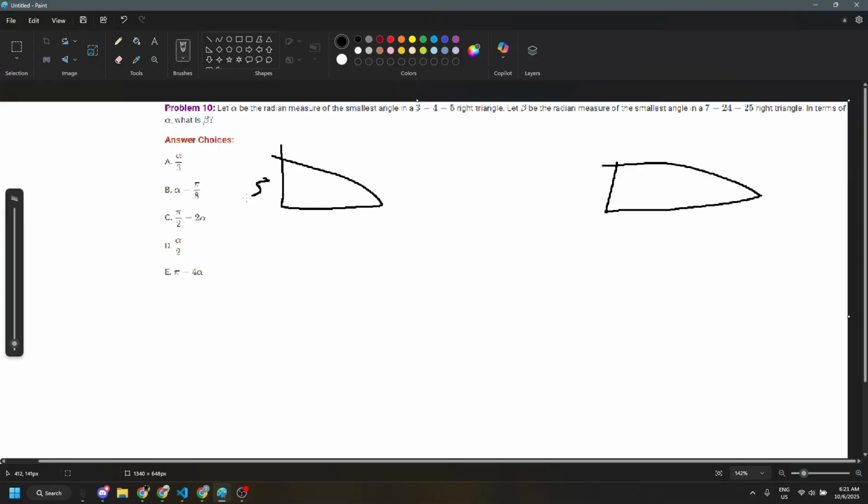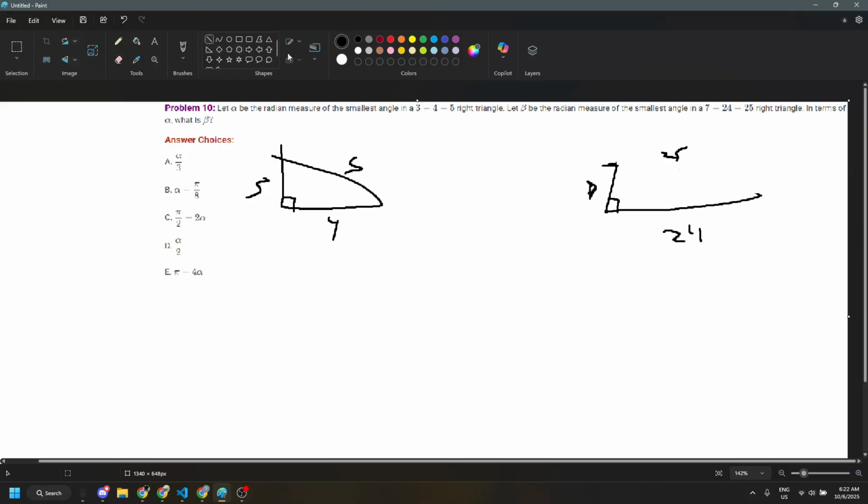Okay, so this is a 3, 4, 5. This is a right angle, which means, I'll come back to that. This is a 7, 24, 25, and if we were to make this more straight, we can see that this is of course the smallest angle.